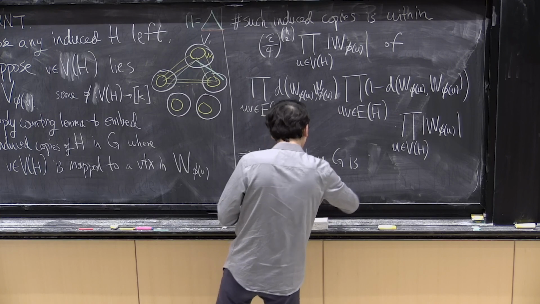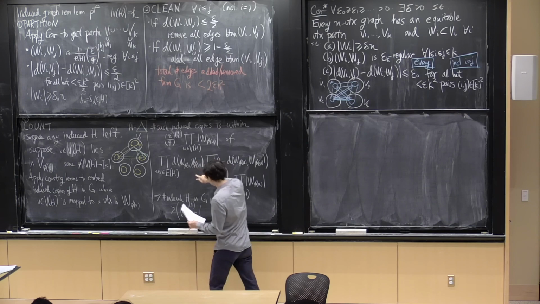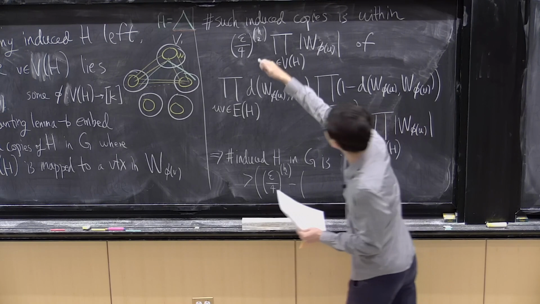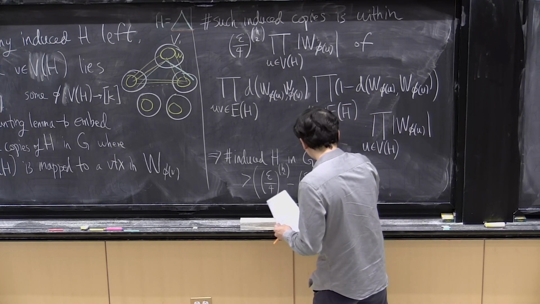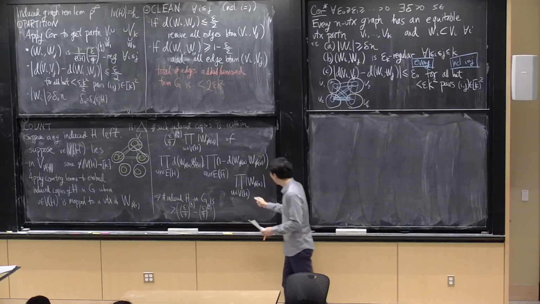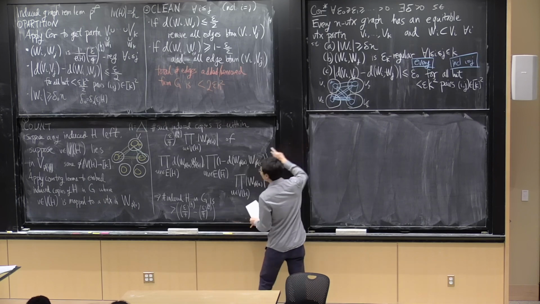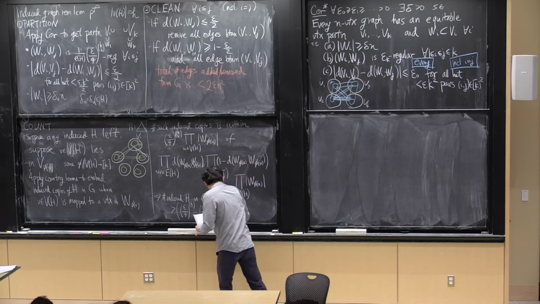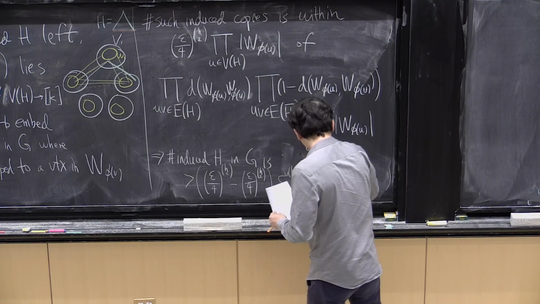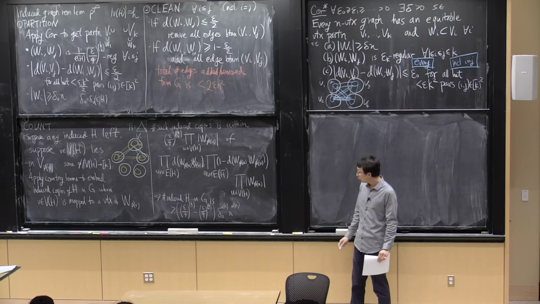That's the point. All of these are constants minus the error term, so here is the main term and then the error term. And then the product of these vertex set sizes, and we saw that each vertex set is not too small. So you have lots of induced copies of H in G.